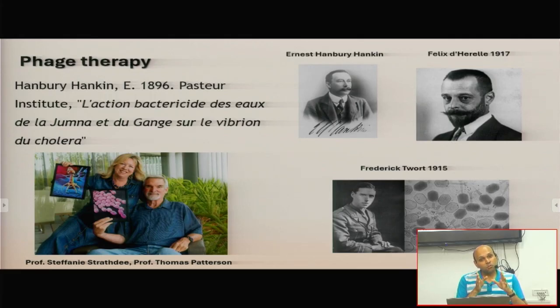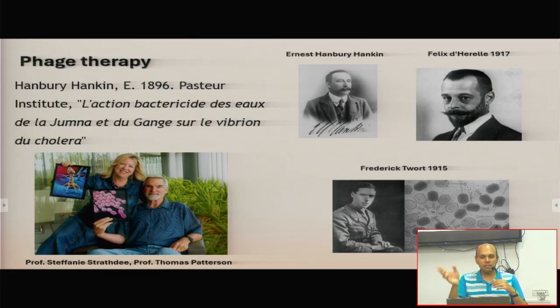So bacteriophage was discovered in India. Did you know that? How many people know that bacteriophage was discovered in India? Okay, few people know. But this man, Ernest Hanbury Hankin, is the one who actually discovered that.